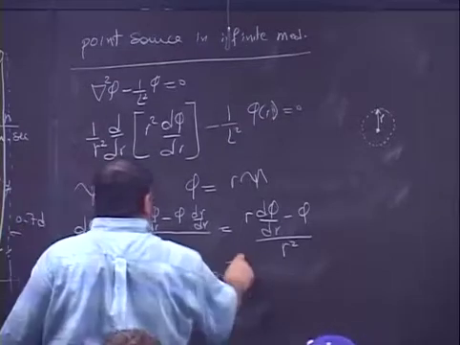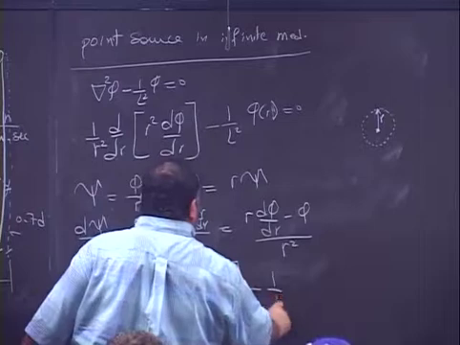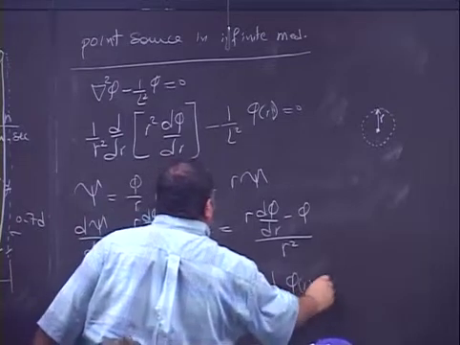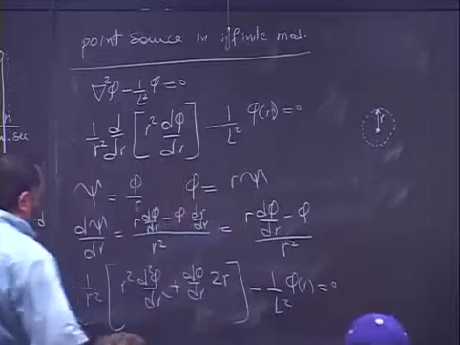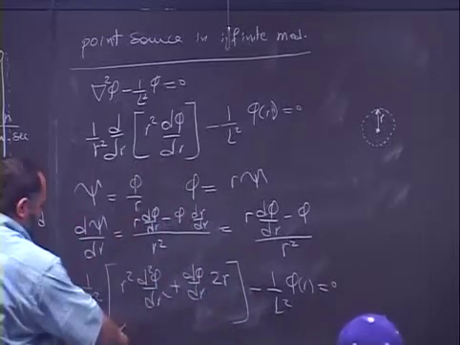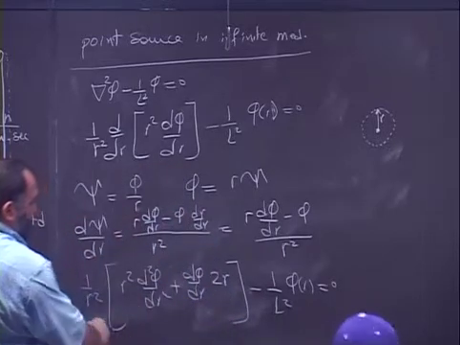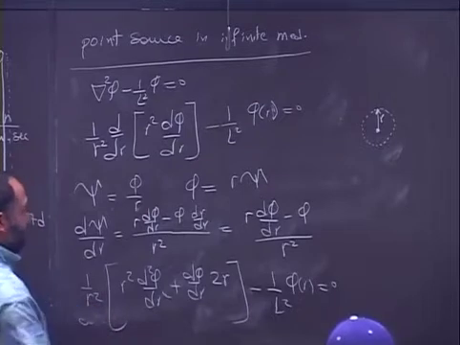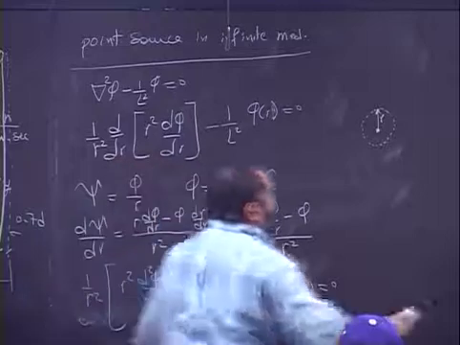Yes? Minus 1 over L square phi of r equal to 0. If you multiply by r square, or if you multiply by r, let me try to simplify it.